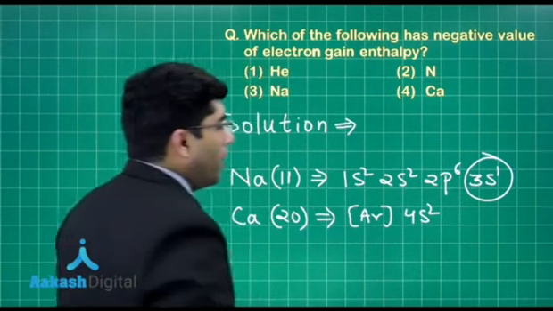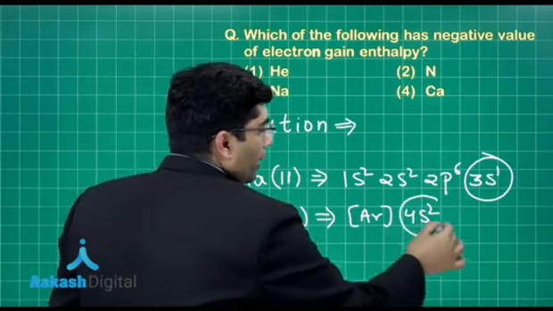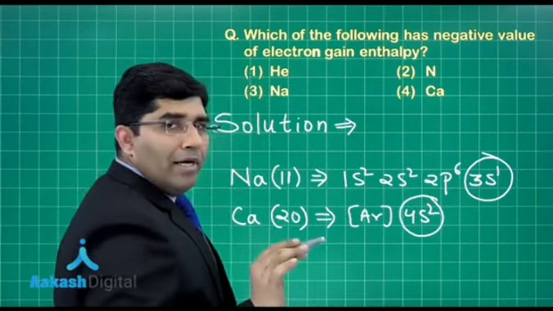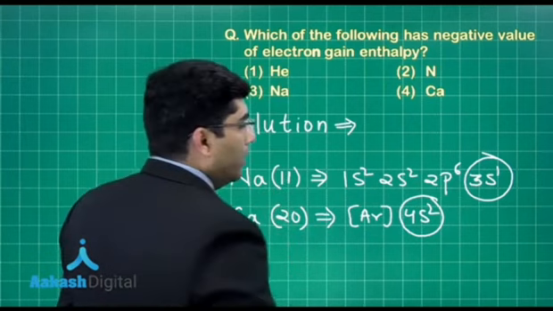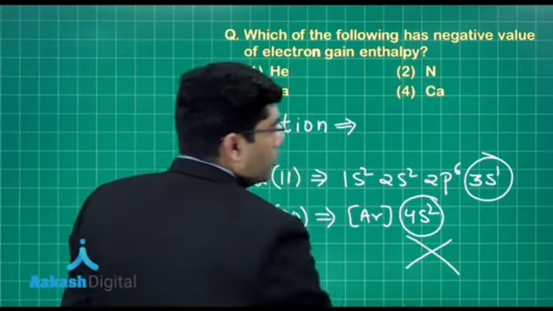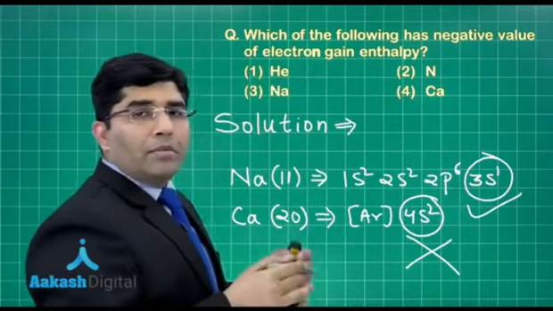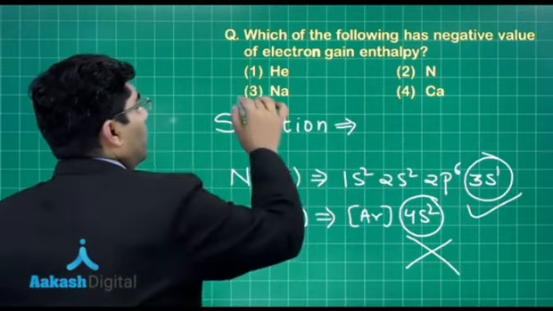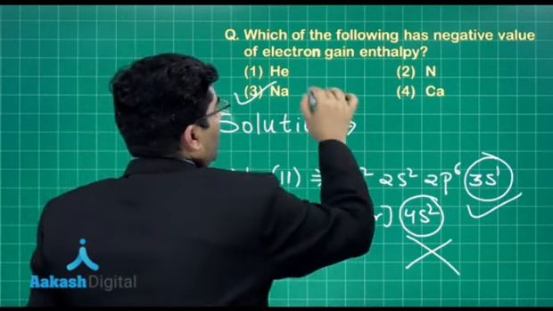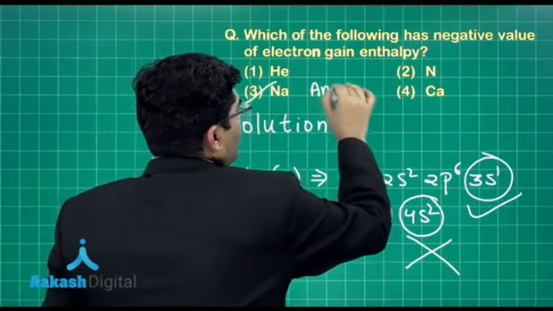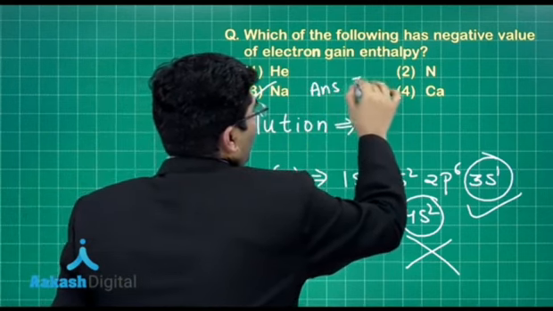So this is already completely filled. Definitely it will not gain the electron. So this 3s1 will gain the electron to become 3s2. So our answer will be 3. So it is option number 3.